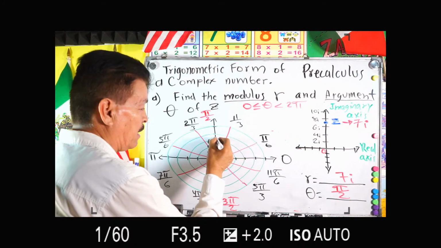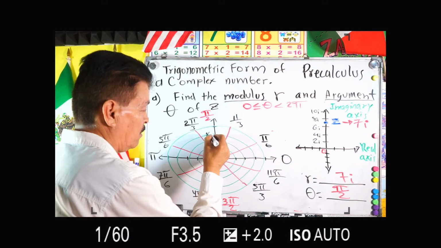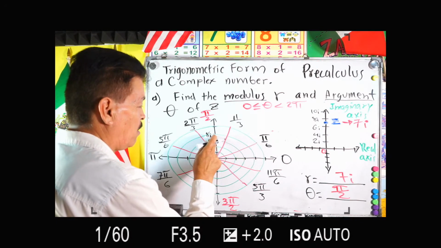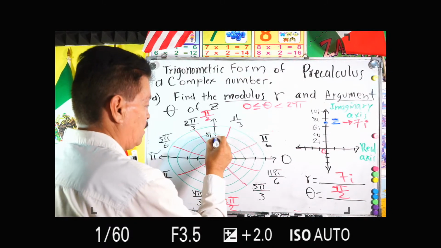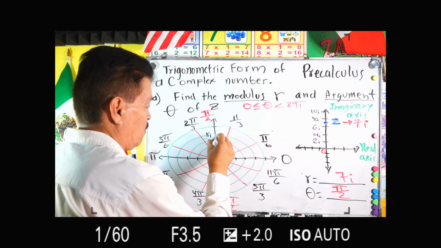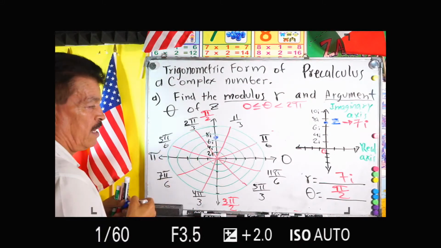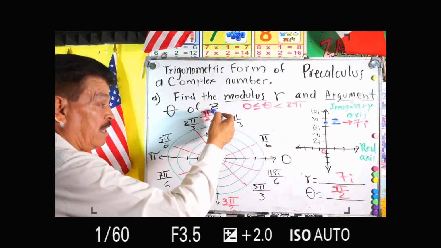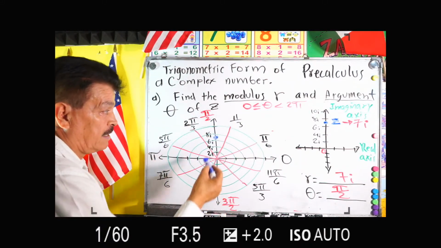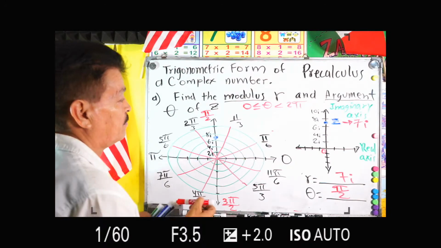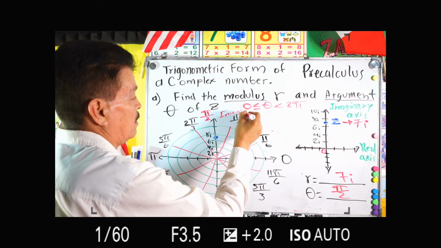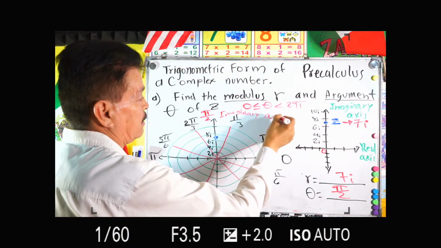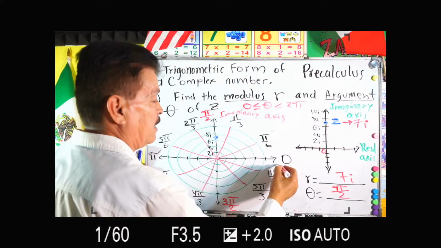It doesn't matter, but the point is right here. That point is on the imaginary axis. This is the imaginary axis. This is the real axis.